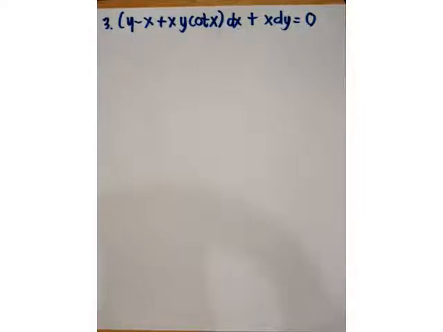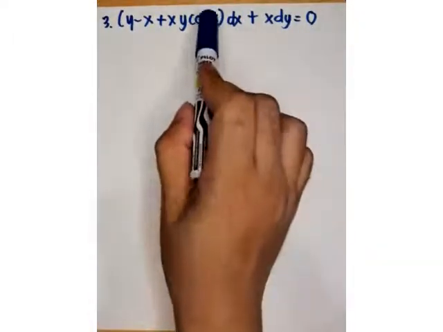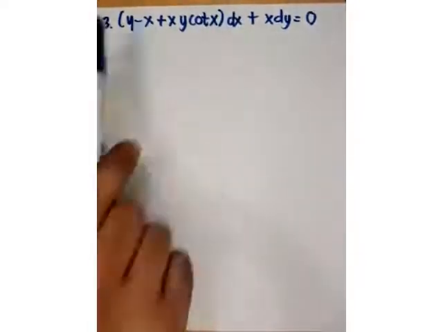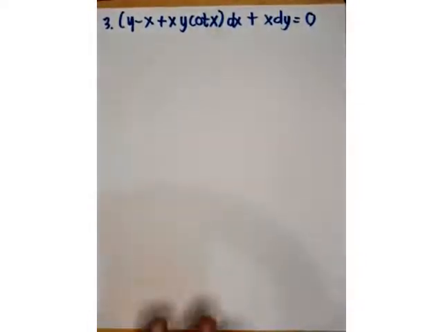Saan linear yung ating equation? Okay, linear pa rin siya sa y kasi may transcendental function yung ating x. And then may product din yung x at saka dx. So sa y pa rin siya.